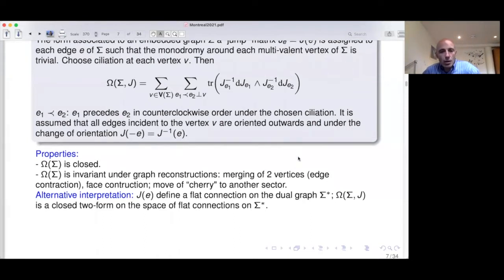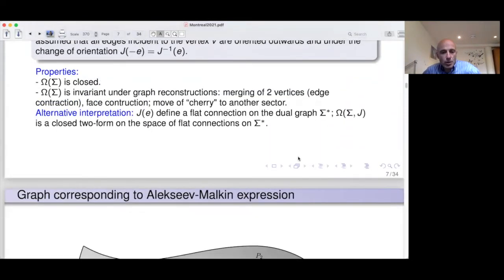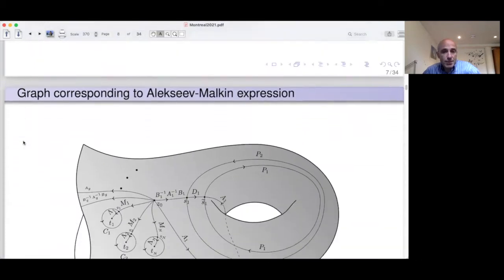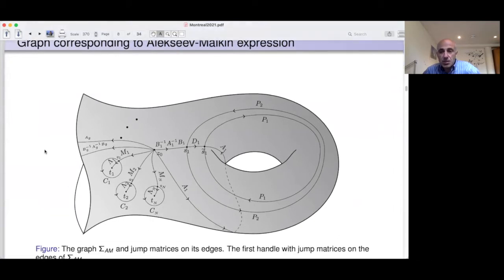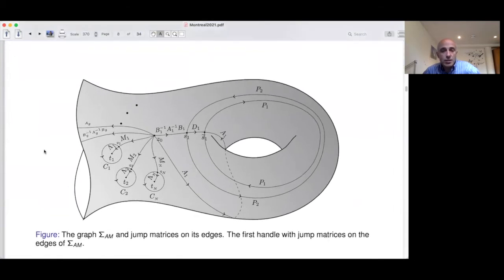Now, how is it useful in our computations? Well, if we look at this huge Alexeev-Malkin expression, it turns out that it has a natural interpretation. We take this standard form and apply it to this kind of graph. These are the punctures, right? And the monodromies: this is the monodromy along the alpha cycle, and this is along the beta cycle.